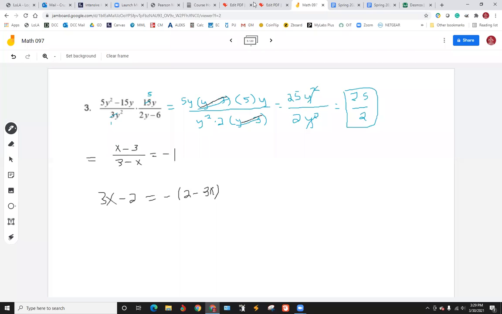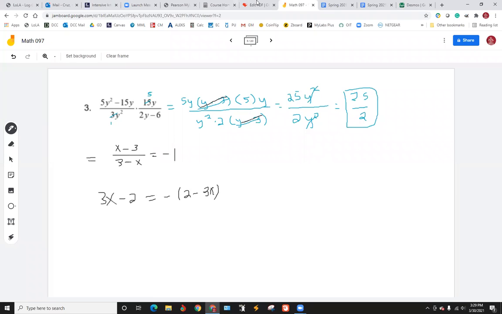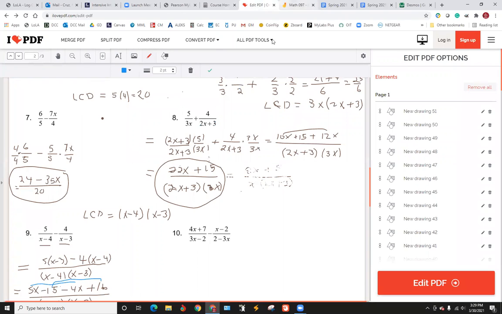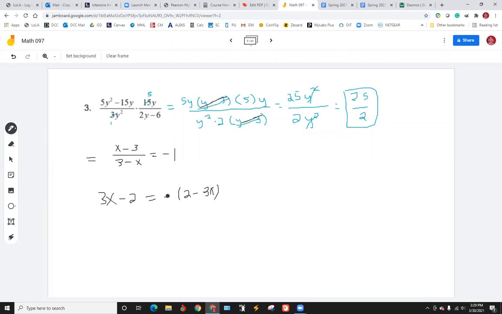all right? 2 minus 3x. So see, what that means is that a factor of -1, essentially, you can put that there, just like you do when you're doing that factor by grouping. If you don't have any factor, you can take out a 1 or a -1.